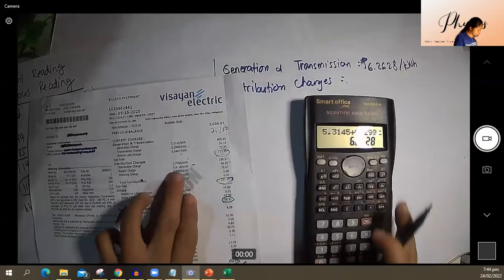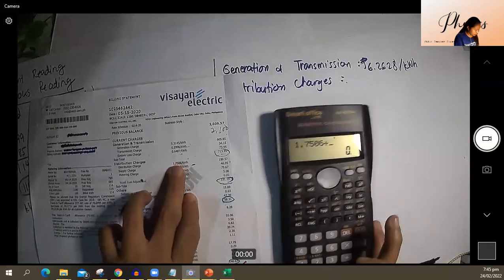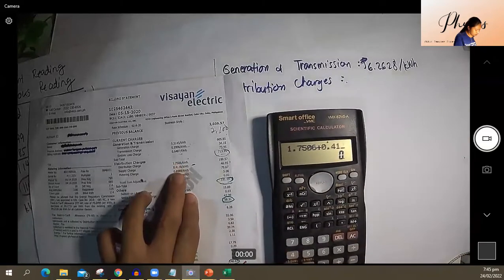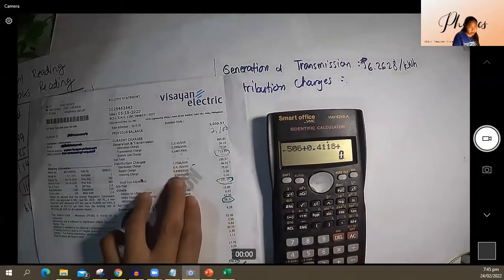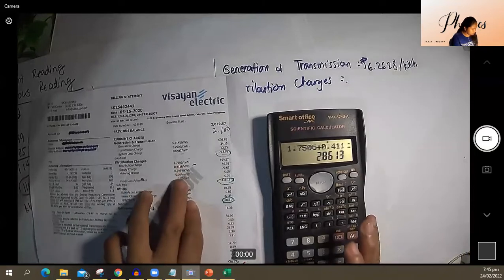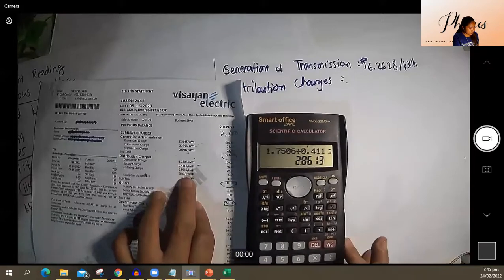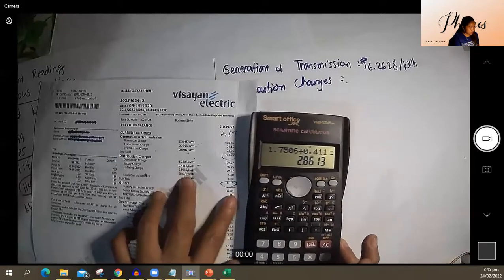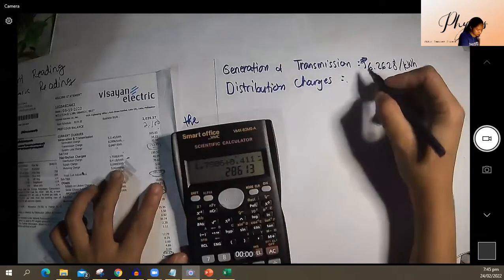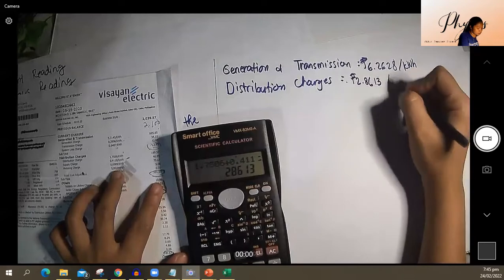So that's 1.75506 plus 0.4118 plus 0.6989, and then the 5 peso per month, we can just add it at the end. So that's 2.8613 per kilowatt hour.